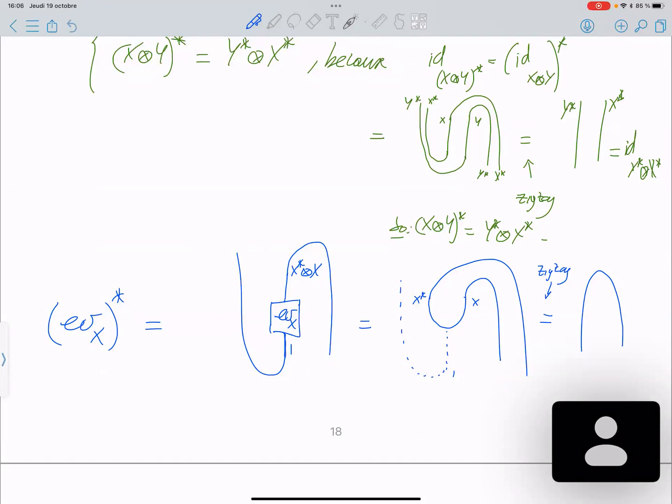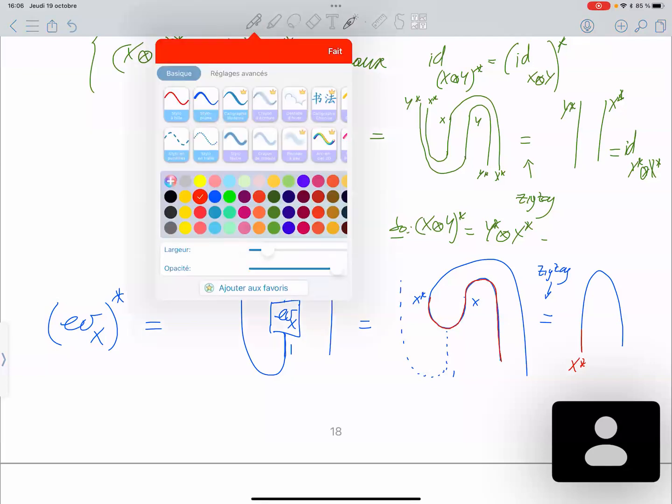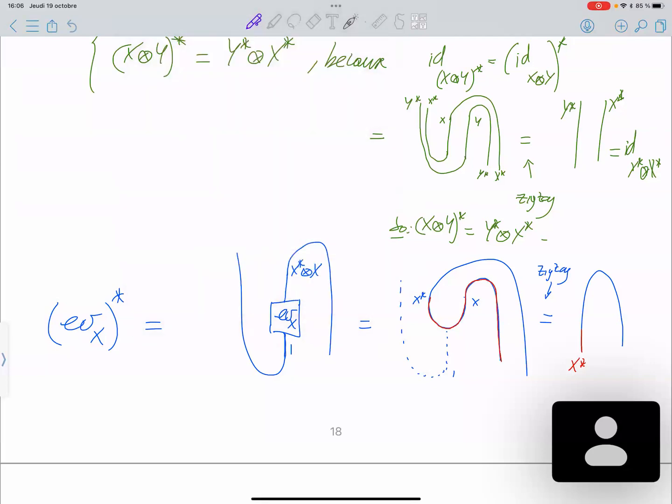So let me draw it to be clear. Just here. So X star, X double star here, and X star, X double star.